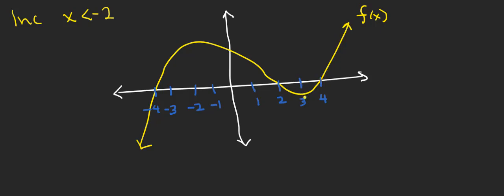This is the x value. Whenever x is greater than 3, function is increasing. Now, when is function f of x decreasing? It's decreasing when x is between -2 to 3.